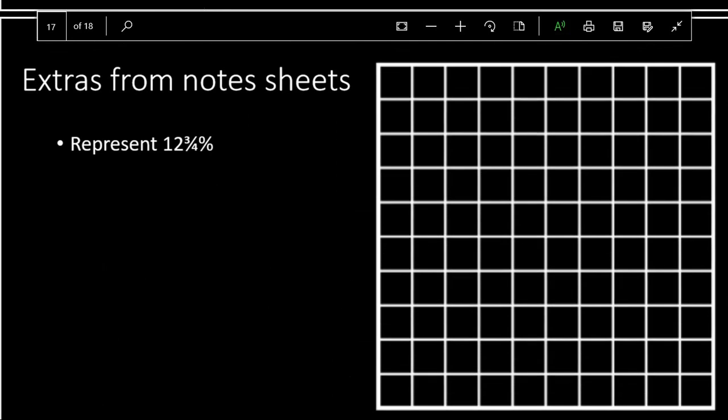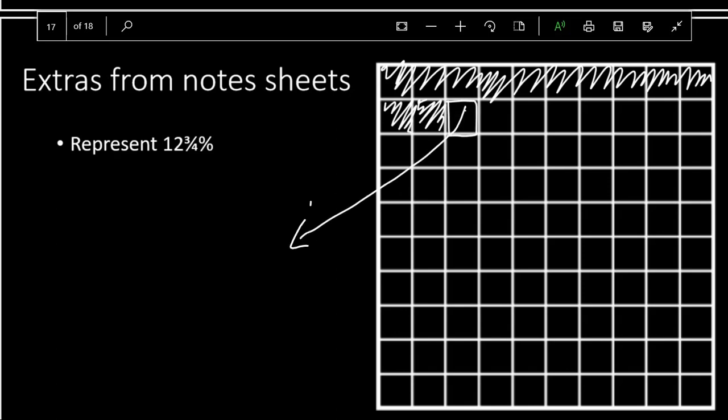Represent 12 3/4%. So for 12, you're just going to have one whole row of 10. Okay, so there's 10. And then from the second row, we're going to do 11, 12, and then this last one we're going to pull out.